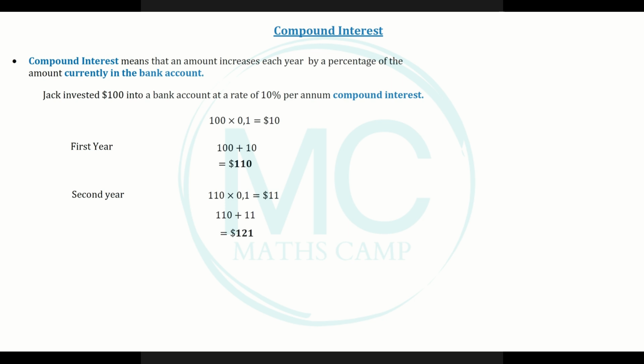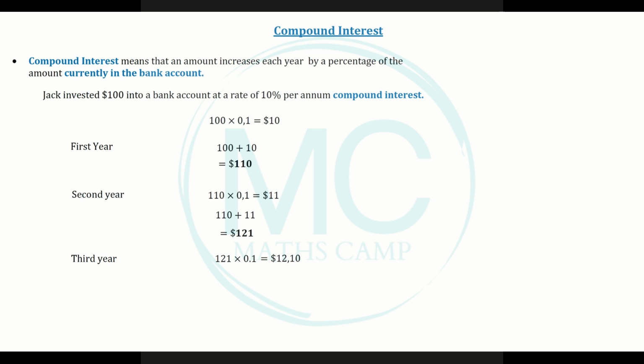Now let's see how much Jack has after his third year. The amount will increase again by 10% of the current amount. So we can say 121 multiplied by 0.1, and we get $12.10. This is the amount that Jack's money will increase by.